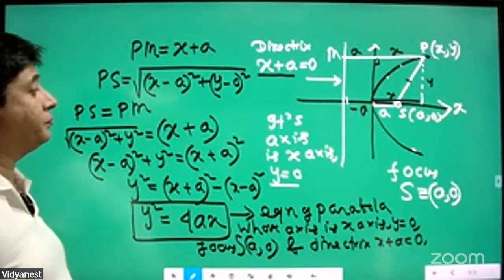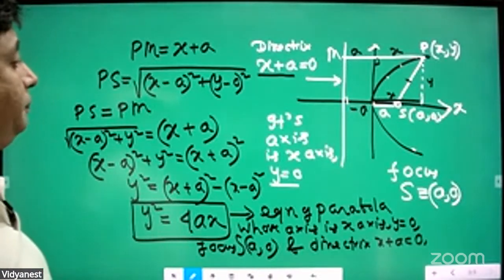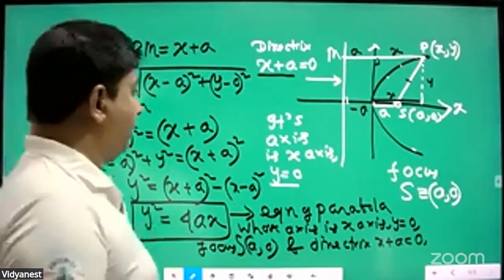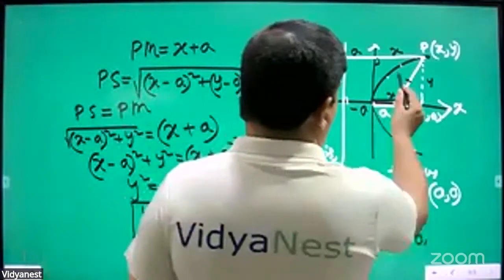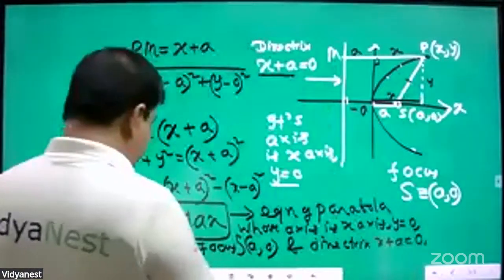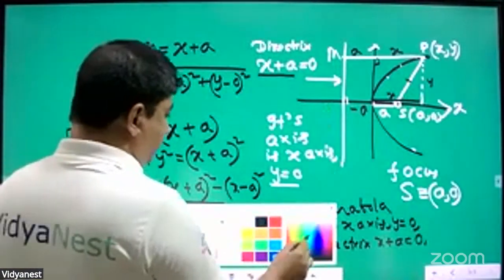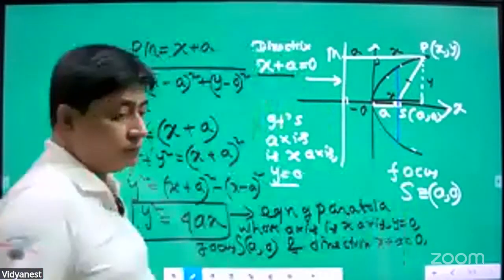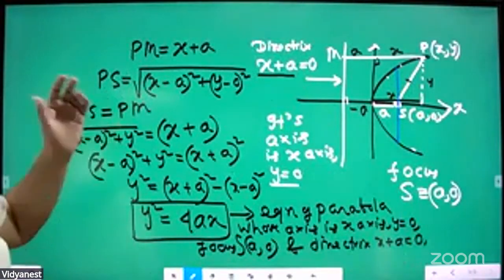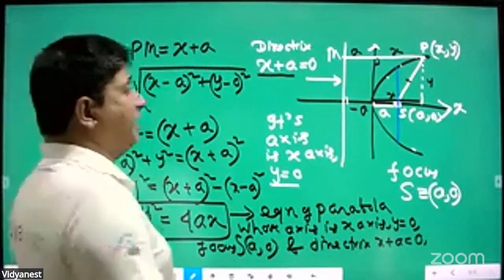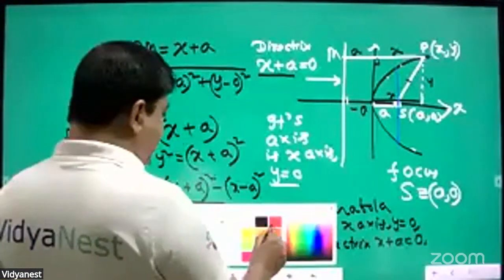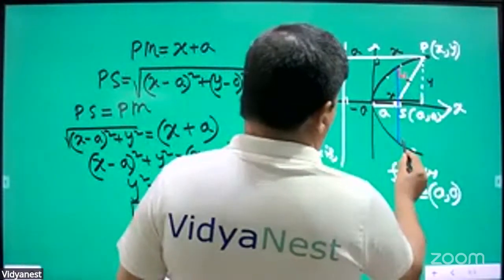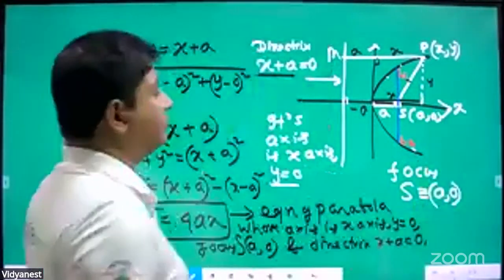Now, on this focus, let us draw one perpendicular. And the perpendicular meets the parabola at 2 points, L1, L2.